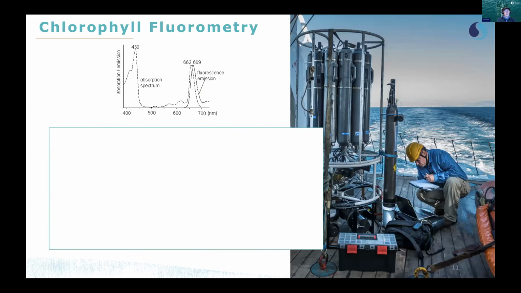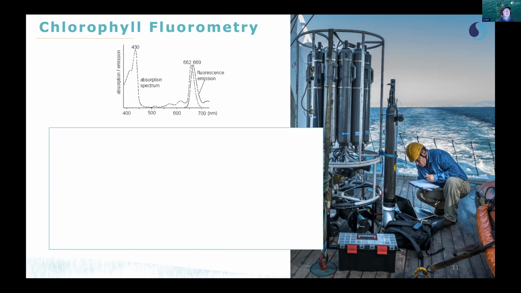So in the case of chlorophyll fluorometry, the absorption spectrum is on the top. What we're seeing is a graph of the absorption of photons, or the ability of the pigments in phytoplankton to absorb light. On the horizontal axis is wavelength, on the vertical axis is the absorption coefficient. You can see at 430 nanometers, which is essentially about a violet color, there's an absorption peak.